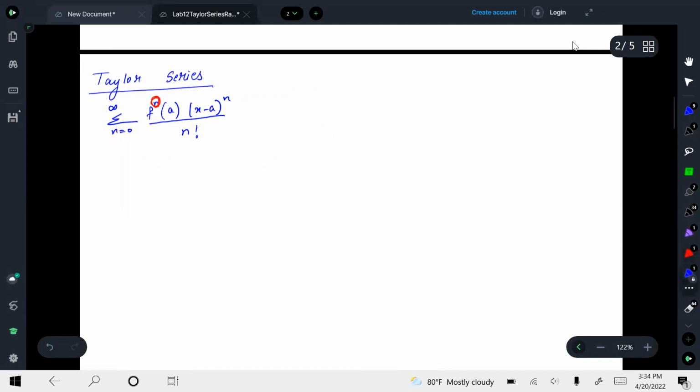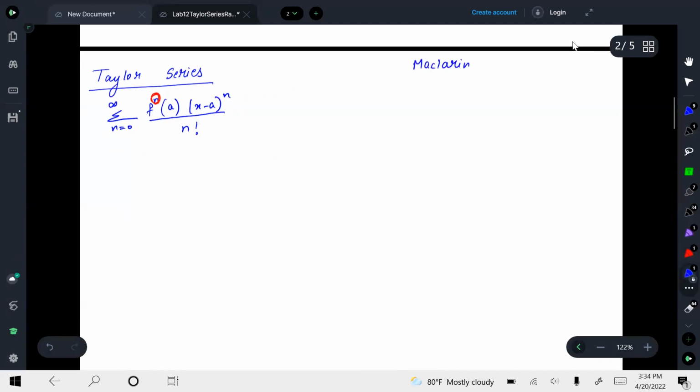So in a similar way, we also define the Maclaurin series. This actually is a special type of Taylor series. If we plug in a equal to 0, the series which we obtain is called the Maclaurin series.